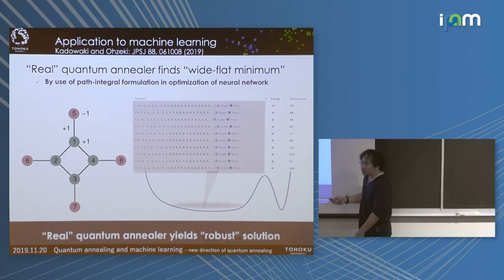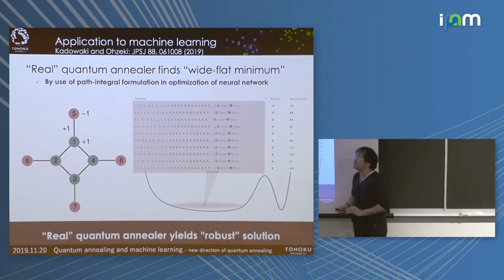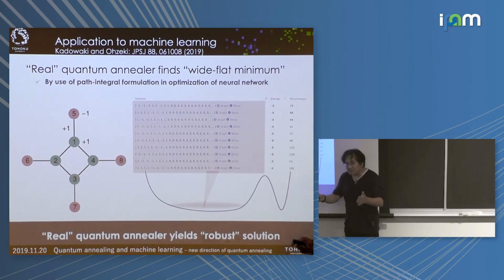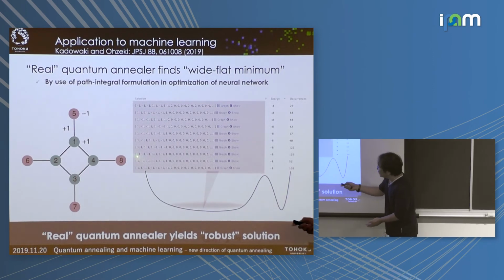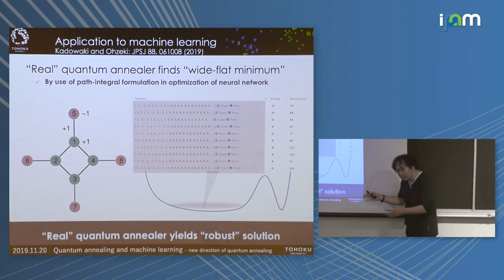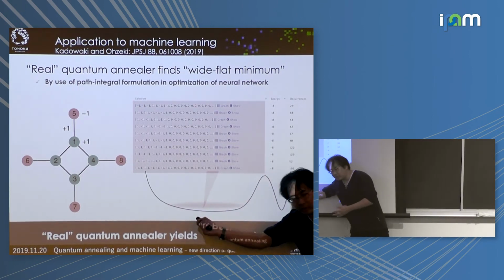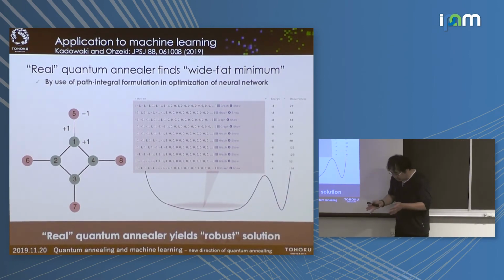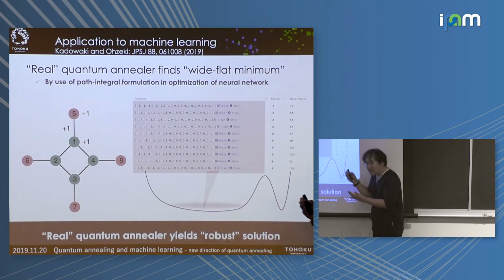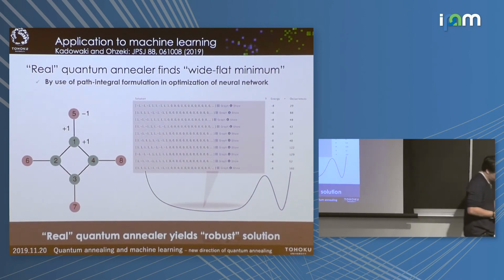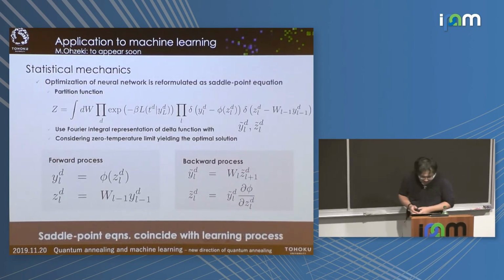The machine keeps a finite strength of quantum fluctuation even at the end of the quantum annealing. So the solution is caught in a wide flat local minimum. Therefore, if we use the quantum annealer to optimize neural networks, we can obtain better generalization performance by use of the quantum fluctuations.